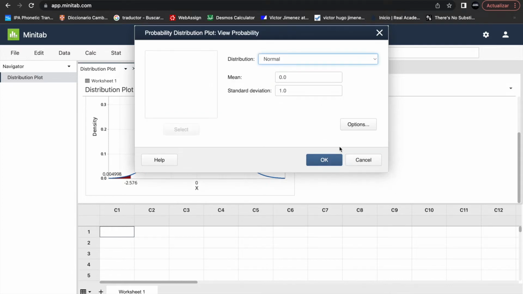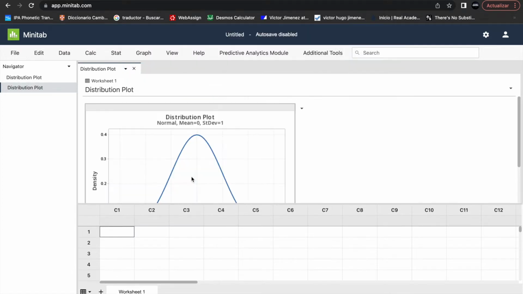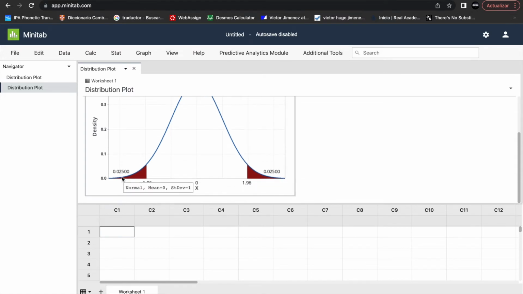And then okay, okay. And there you have it, you see? Notice I wrote only the positive number, but because I selected the option for two tails, I automatically have negative 1.96 and 1.96. I think it will be the same if you type the negative number first. So in this case, it's 0.025, 0.025.